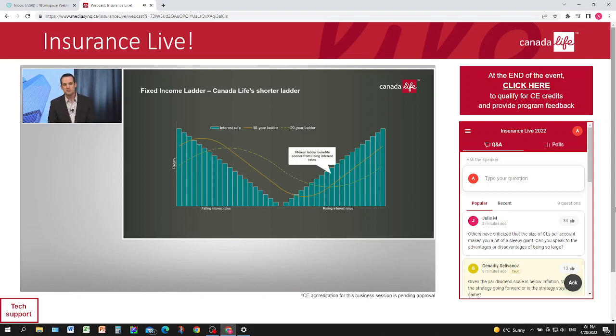To give you a bit of an idea of sensitivity to rising rates, we ran some numbers and we would expect that if interest rates were to continue to increase by 300 basis points over the next 10 years from where they ended 2021 at, so about 1.4% Government of Canada 10 years, we would expect to see upward pressure on our PAR investment return by about 60 to 70 basis points over time.